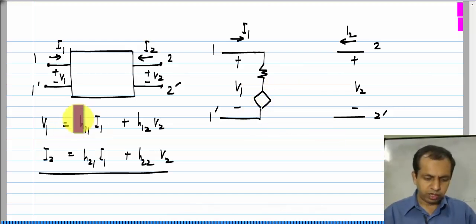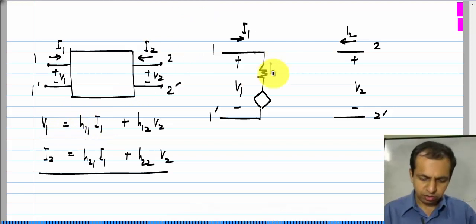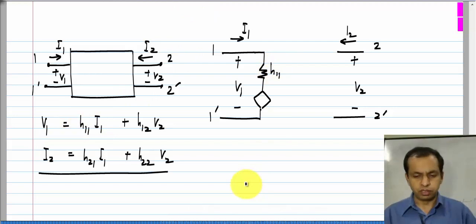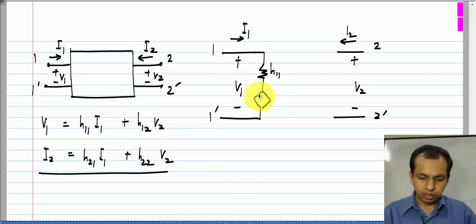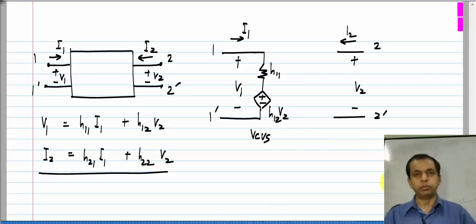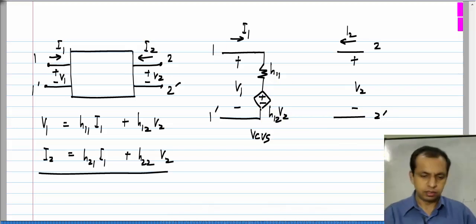So, we have a resistance whose value is H 11 and we have a control source. This V 1 depends on V 2. So, this is a voltage controlled voltage source whose proportionality constant is H 12 or whose value is H 12 times V 2.